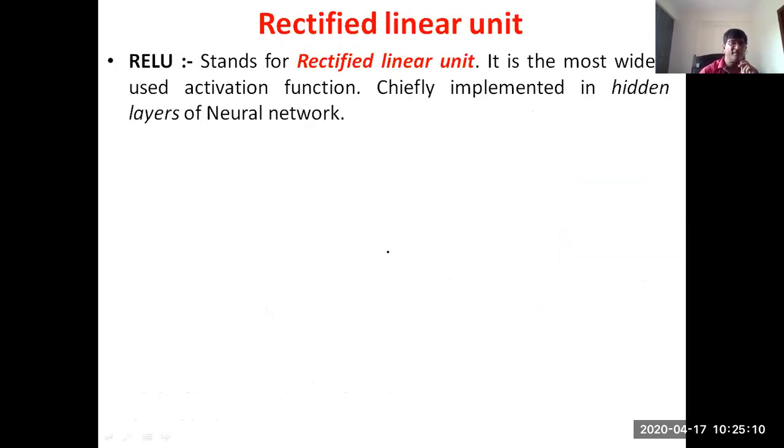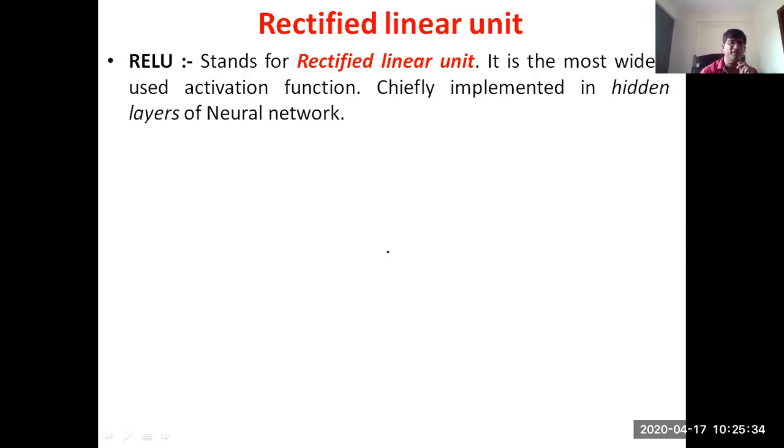Now, the most popular activation function that is being used in the literature is the RELU function, the rectified linear unit, which is the most widely used activation function. And it is chiefly implemented in the hidden layers of the neural network. At the input and output, we use different functions.